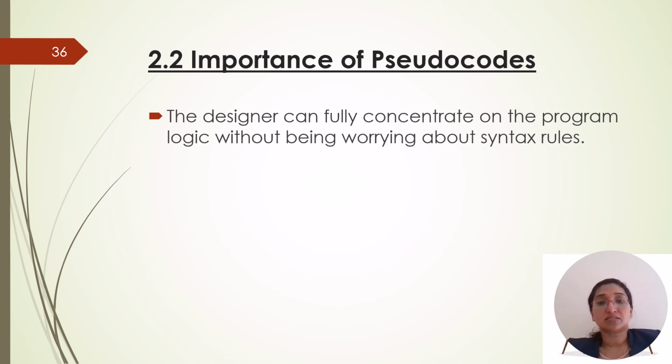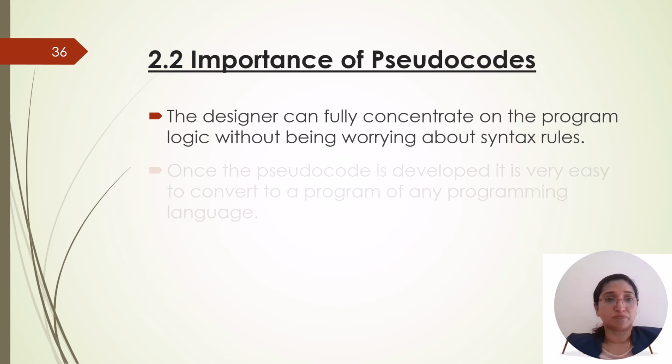But in pseudocodes, there is no specific syntax rule for you to follow. Therefore, the designer can totally concentrate on the logic of the program rather than thinking, do I need to put the semicolon? Do I need to use the colon? Do I need to define the variable? You don't need to think of those.